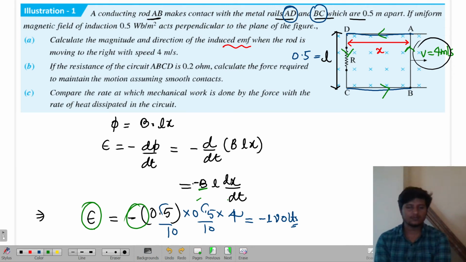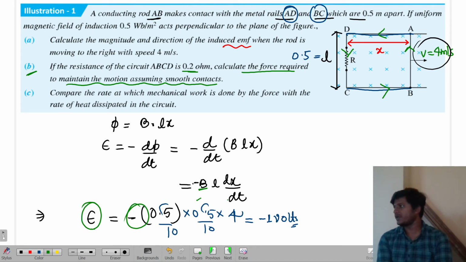Okay, understood. Second question, what is it asking? If the resistance of the circuit is 0.2 ohm, calculate the force required to maintain the motion using smooth contacts. Good.